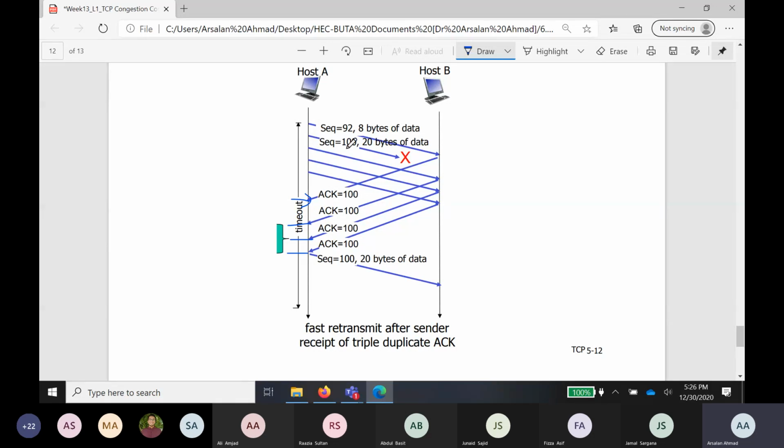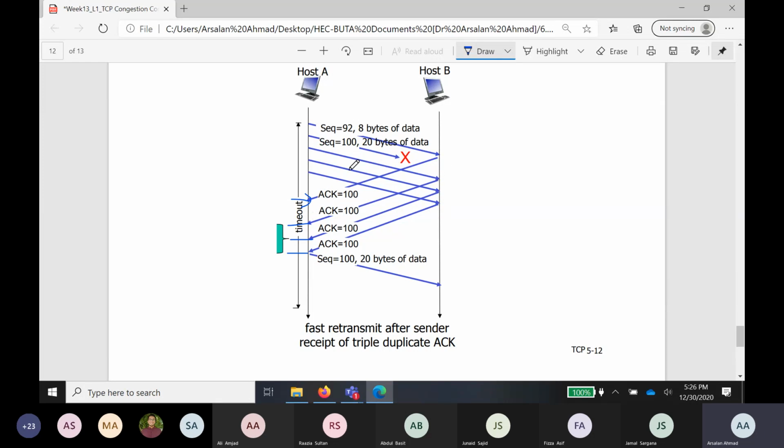It is highly likely that the segment after this particular segment must have been lost, because if the network is capable of delivering data to my end, and I am receiving duplicate acknowledgements, that suggests one more segment has been received correctly by the receiver. That's why it sent a duplicate.